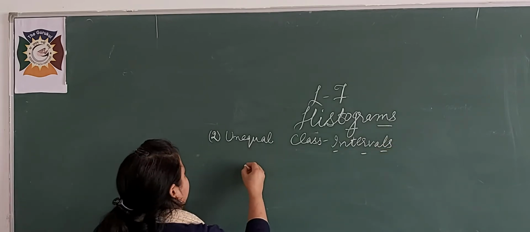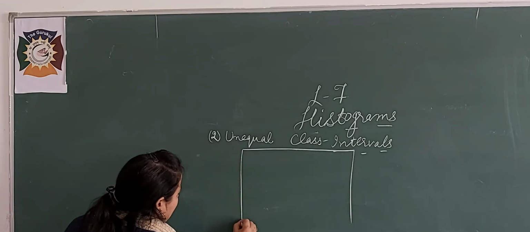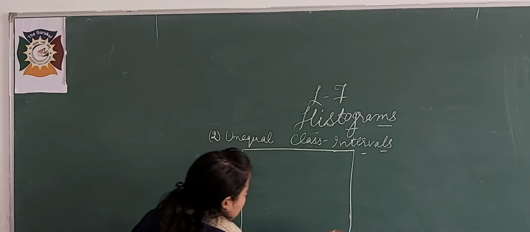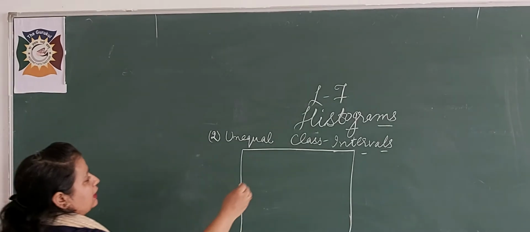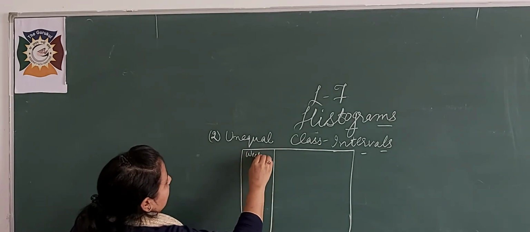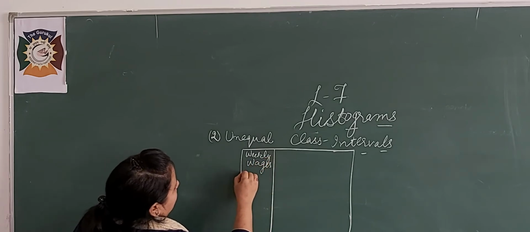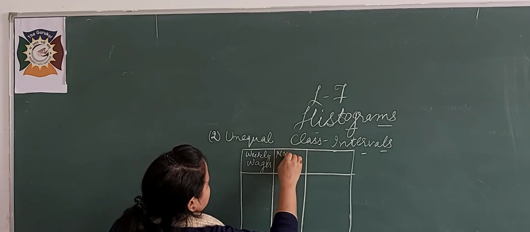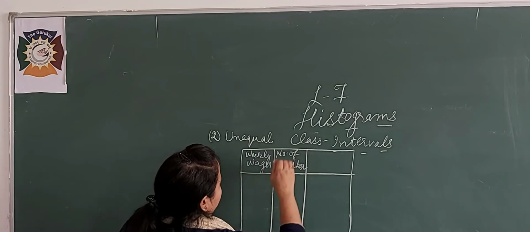I am taking unequal, it means intervals are not equal. At some places, these are different. I am taking weekly wages and number of workers. Firstly, I will write the statement. After that, I will tell you how to solve it.